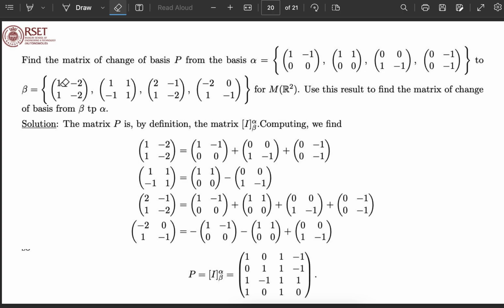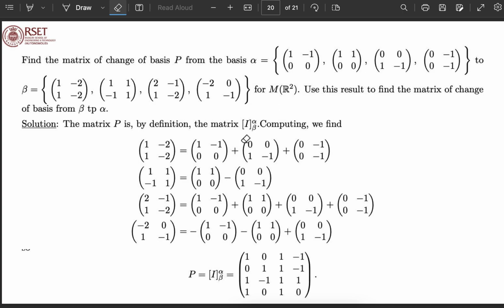Try to write it as a linear combination of the elements in alpha, and solving it you will get this: 1 into the first element of alpha, plus 0 into the second element of alpha, plus 1 into the third element of alpha, plus 1 into the last element of alpha.